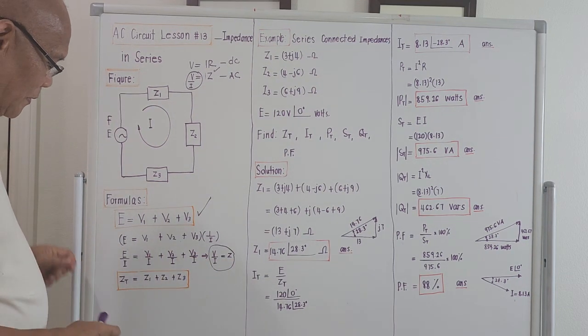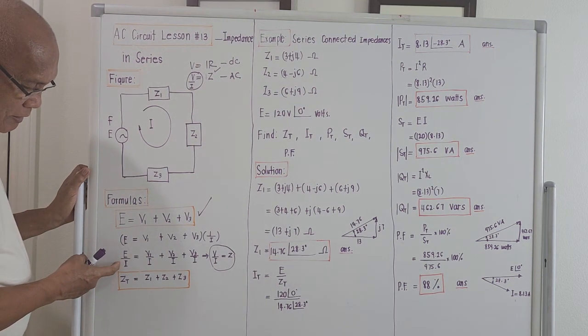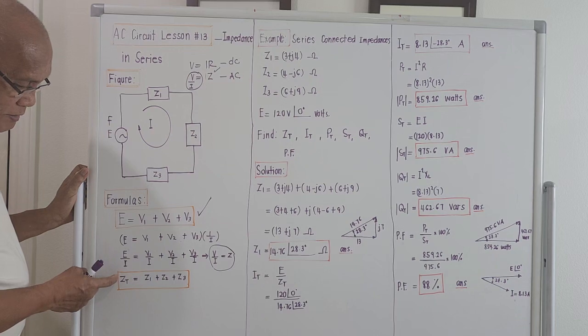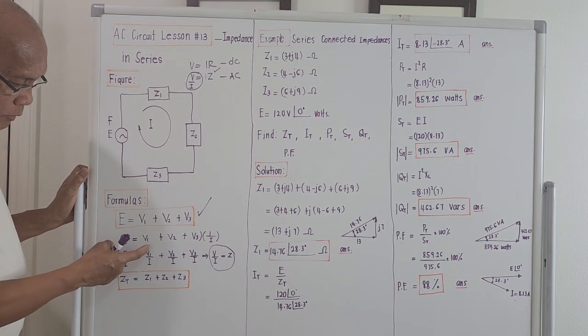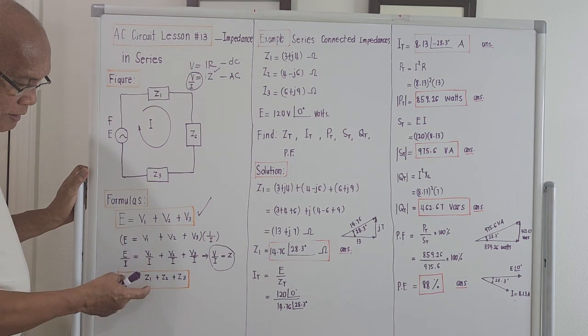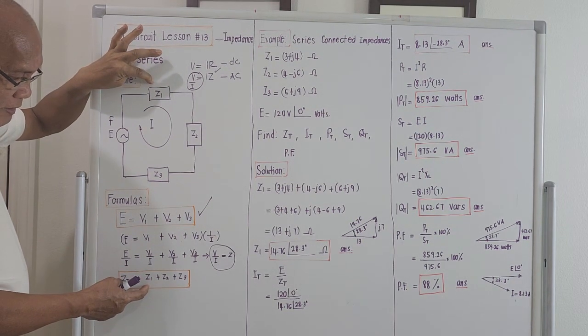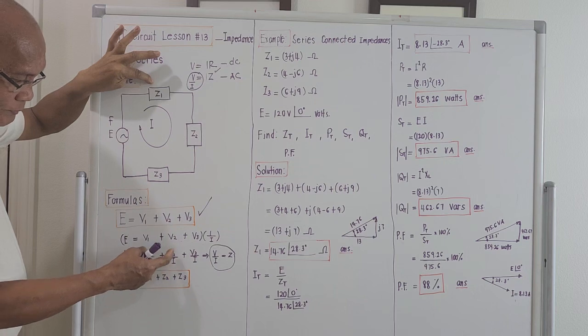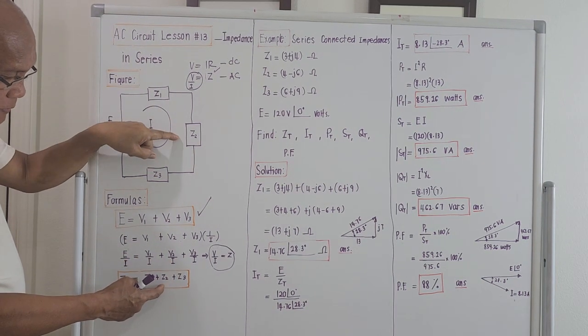what will come out? The total applied voltage divided by the total current will be the total impedance. This is capital letter Z with the subscript total, the capital letter T, meaning total impedance, equal to the voltage V1 over current I, which is actually Z1. It is the impedance number 1. And the ratio of voltage 2 over current I will be Z2, impedance number 2.